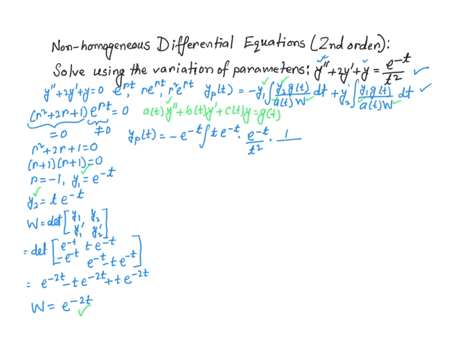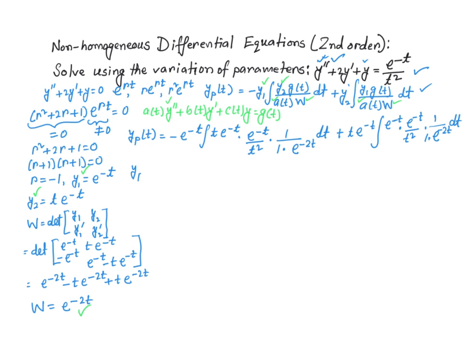A of t is just 1 because the coefficient of y double prime is 1, times the Wronskian, which we found to be e to the power negative 2t, all of it integrated with respect to t, and plus t times e to the power negative t integral y1, e to the power negative t, times g of t, which is e to the power negative t over t square, times 1 over 1, times 1 is the coefficient of y double prime, times W, e to the power negative 2t, integrated with respect to t.